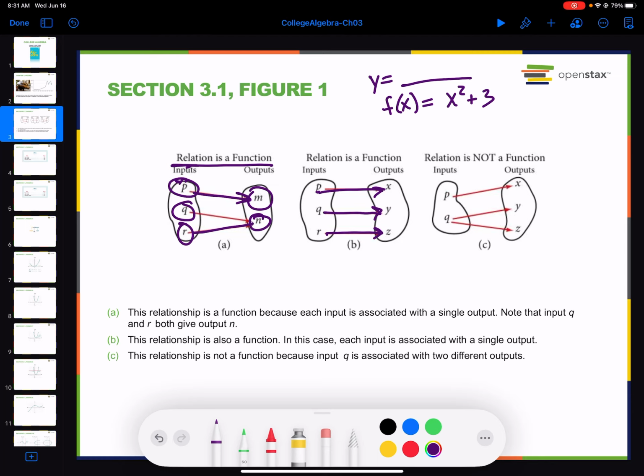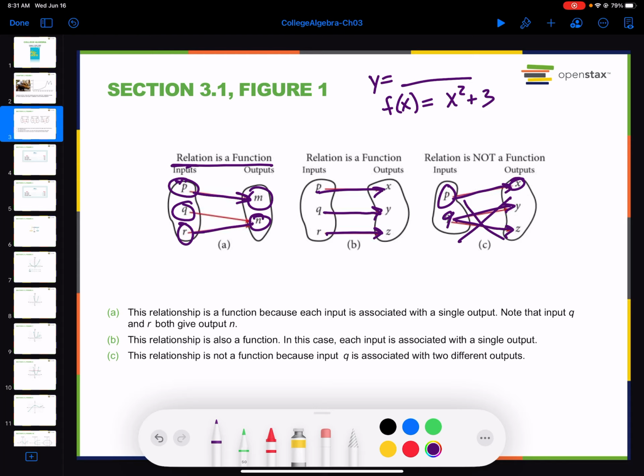But when you get to this last one, P maps to one single output, but Q maps to two different outputs. This one is not a function because you need to know that when you put a value into the function, you're only going to get one result.